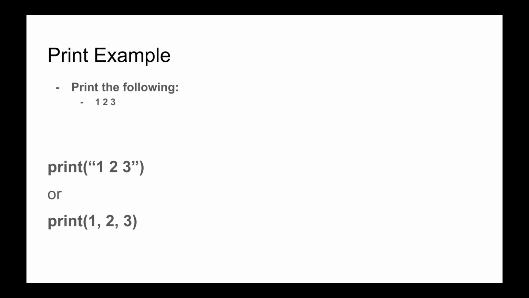However, those 2 were treated slightly differently. The first one is a string that consists of 1 space 2 space 3, and the second one, however, is 3 separate numbers or integers.